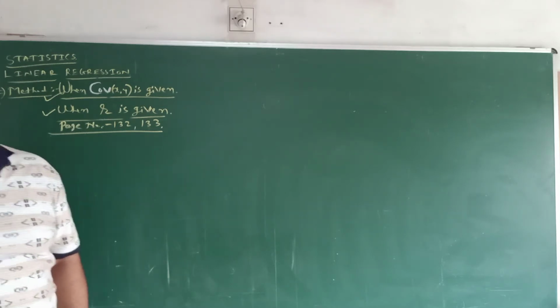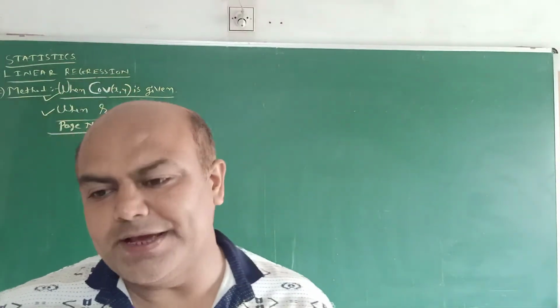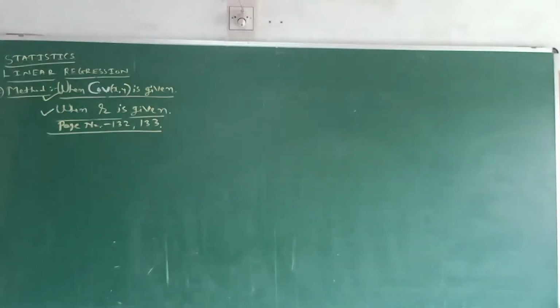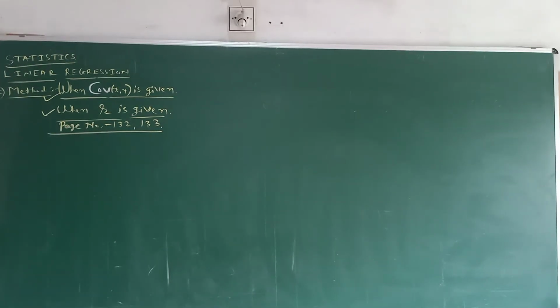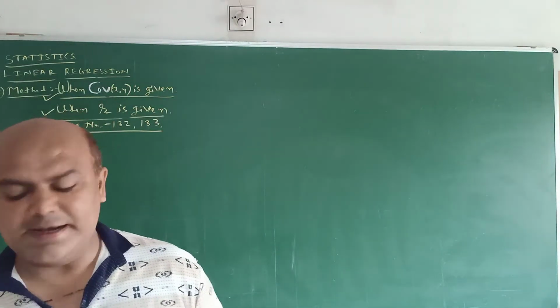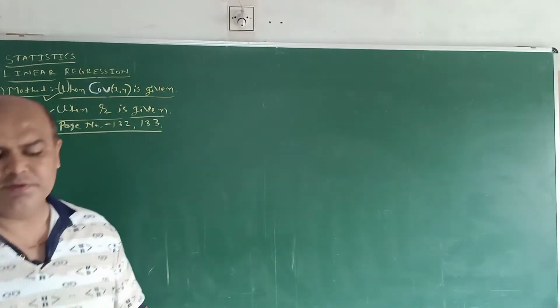Such two types of sums we are taking in today's video lecture: when R is given and when covariance xy is given. In this particular method, students, you do not have to prepare any additional columns. Directly we can do the sum.